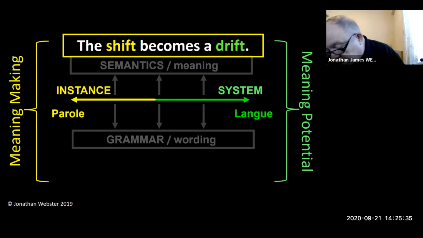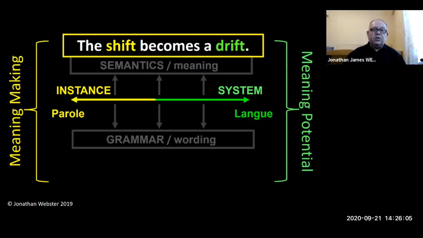The changes that you see here become the direction that language is moving. What you're saying is that what you begin to see in the instances of language, how language is being used, becomes so frequent, so much the way we talk, that it becomes the system of language.